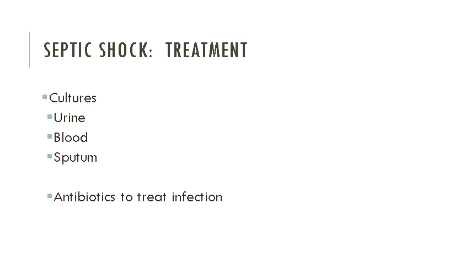Treatment, cultures are really important for septic shock. Blood cultures will be obtained from 2 different sites. And the reason they're done from 2 different sites is just to make sure that we have a comparison in case one sample would be contaminated. Urine, blood, or sputum samples, depending on where we think the infection source is.